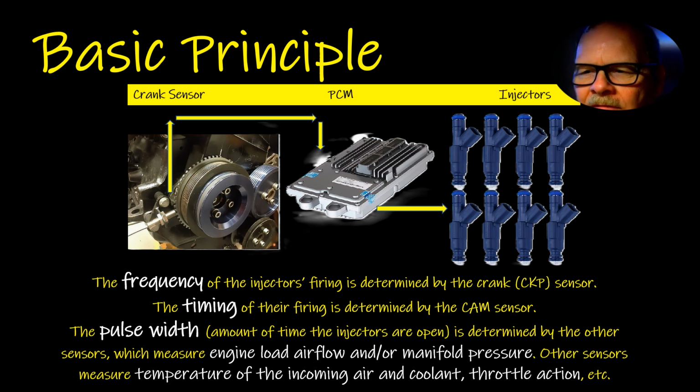So the timing of their firing is determined by the cam sensor. Typically, the cam sensor will tell the engine controller when the piston's at 24 degrees after top dead center, and at any time after that window, it's okay to squirt the next shot of fuel. Now, I actually came up with ways to set the cam sensors on Fords and on GM vehicles by putting an LED in the cam sensor, if it's a Hall effect and not an inductive pickup.